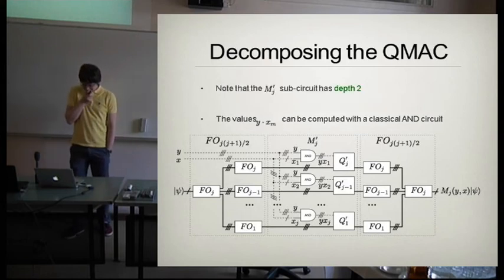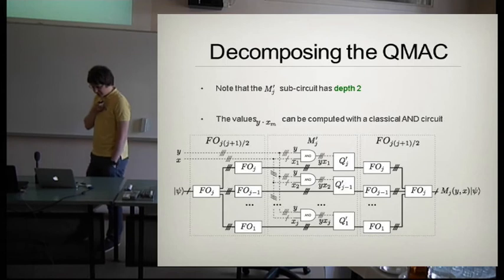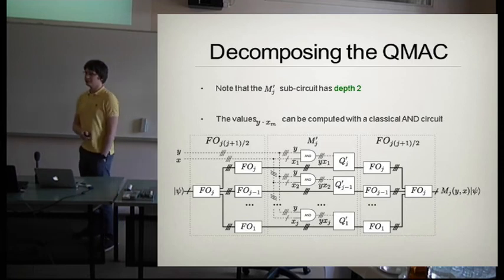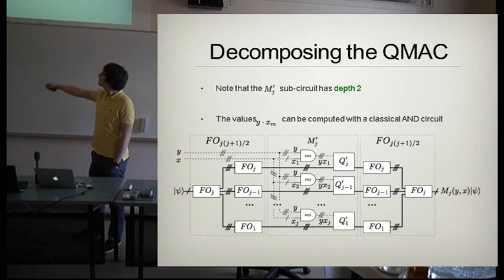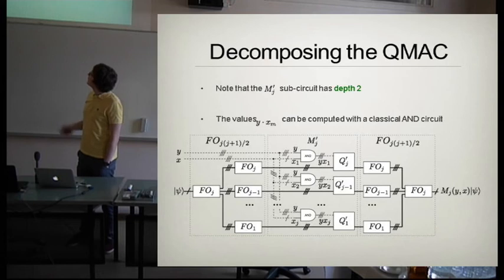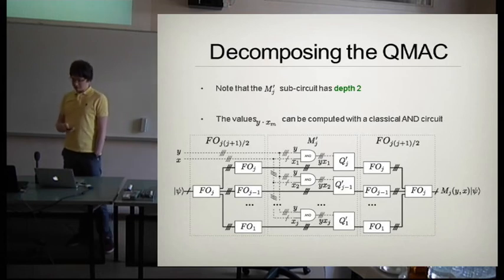So now we take the MJ circuits and we put them into the definition of the M circuit. And we get a similar structure, where we just have that the depth of the M prime will depend only on the depth of MJ subcircuits itself.